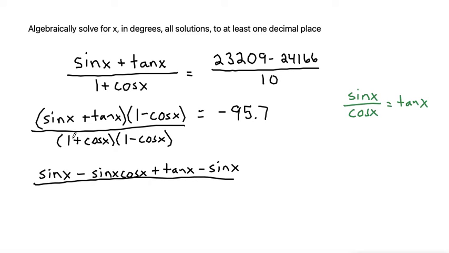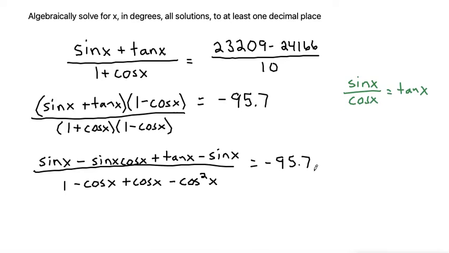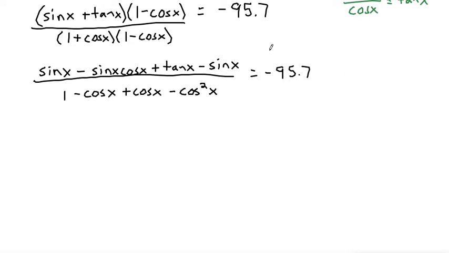And distributing the denominator, 1 times 1 is 1. 1 times negative cos x is negative cos x. Cos x times 1 is plus cos x. And cos x times negative cos x is negative cos squared x. And that's all equal to this number. From here, our sin x and minus sin x on the top can cancel.